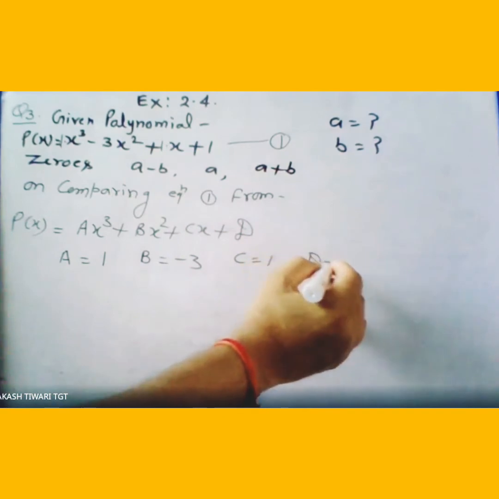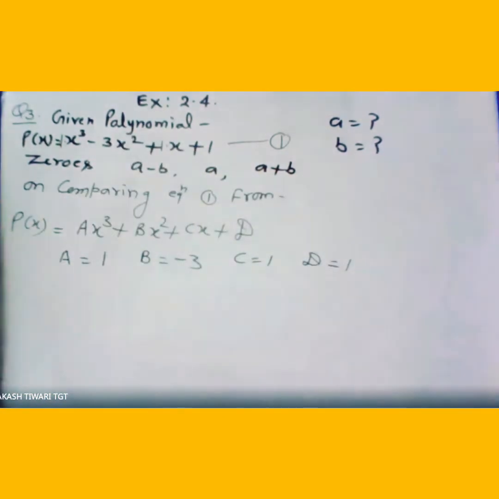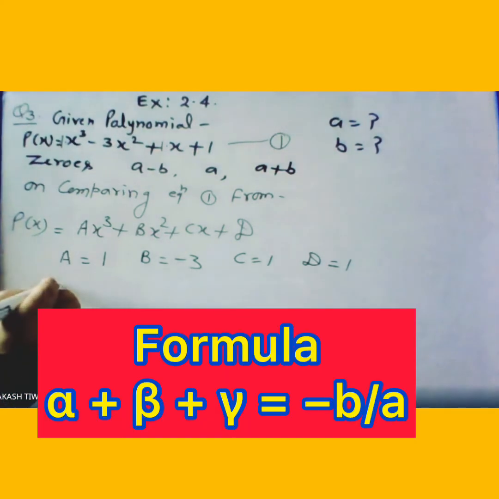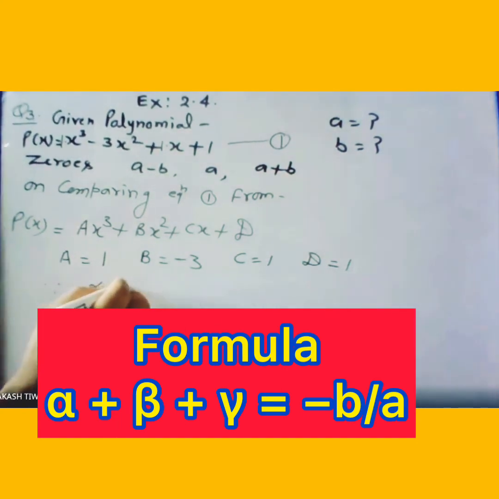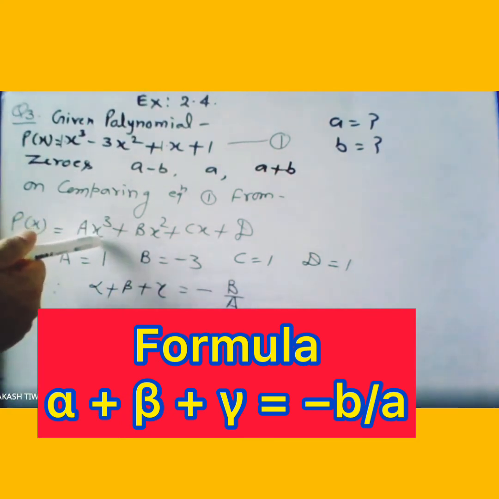So D equal to 1. You will get here the capital values, that is A, B, C, D. Now dear, you know the relationship of the zeros, such as alpha plus beta plus gamma equal to minus B upon A. This relationship you will write for this polynomial.